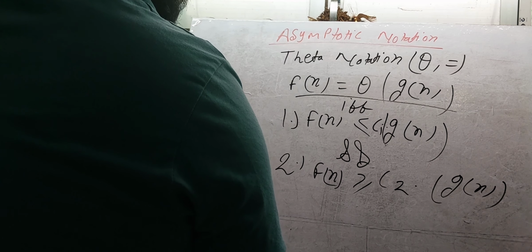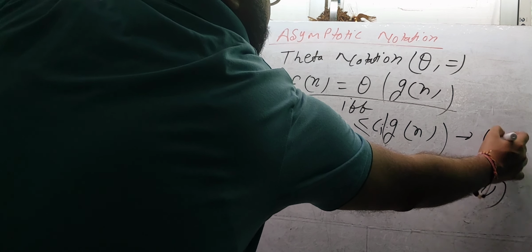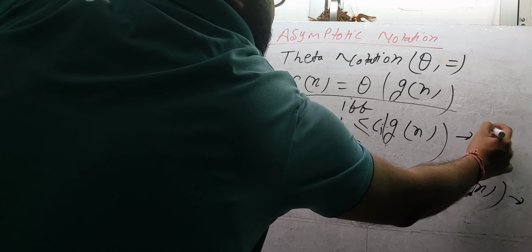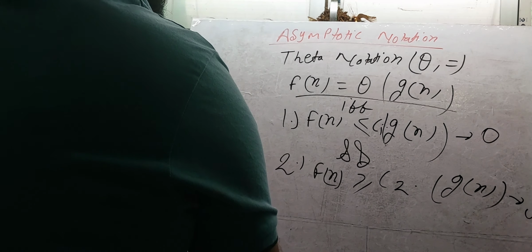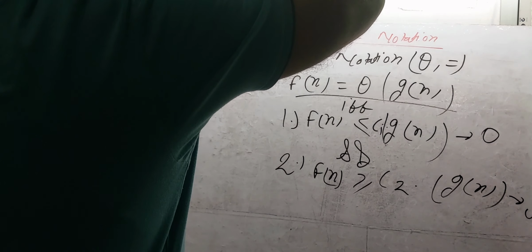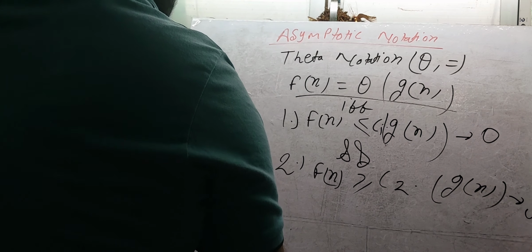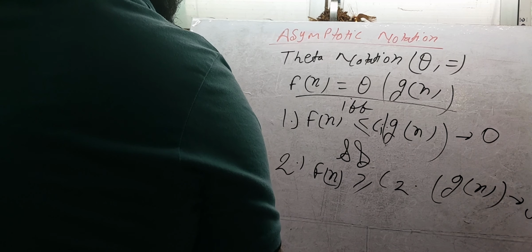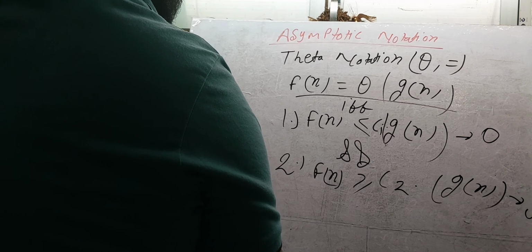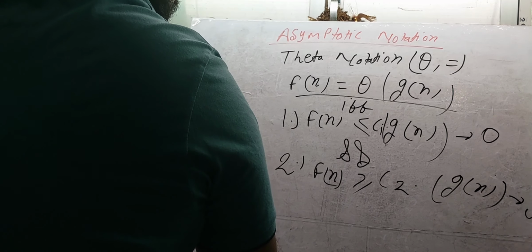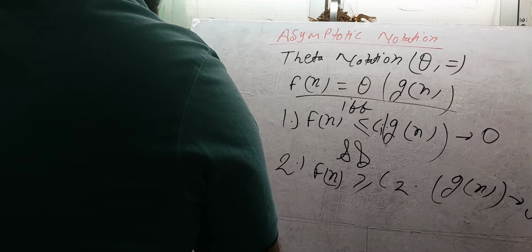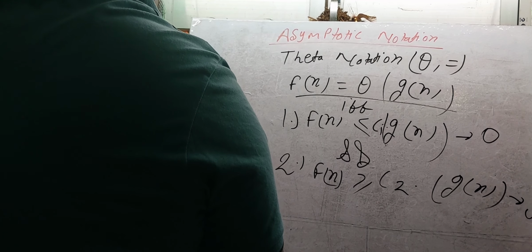As we discussed in the previous lecture, this is big O and this is omega. So theta is nothing but, for any two given non-negative functions, if it holds good for omega as well as for big O, then that function will be theta. Okay.